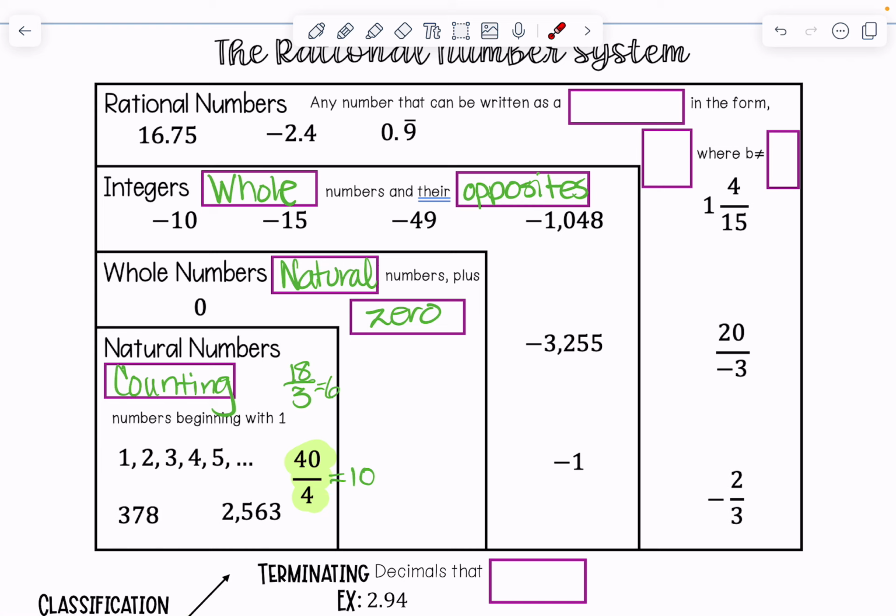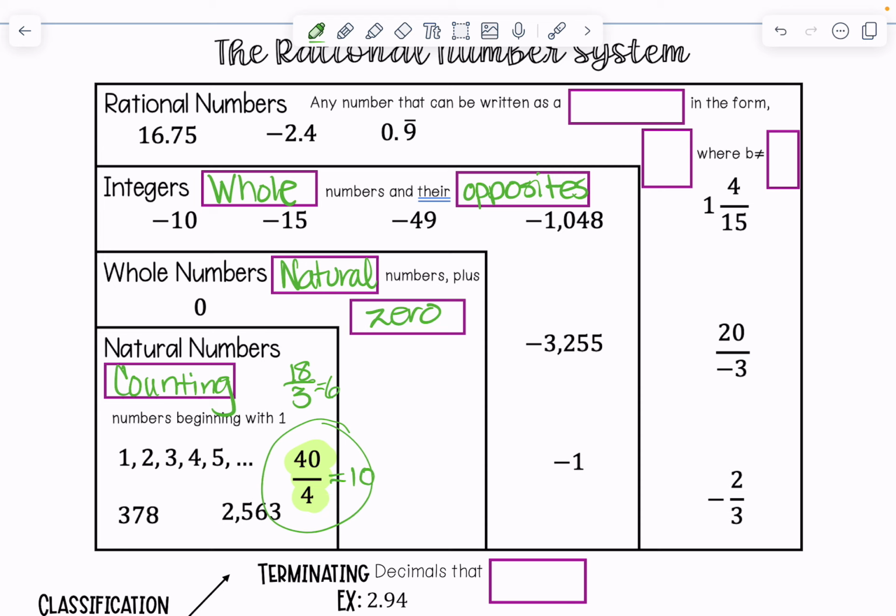Positive 49, the opposite of that would be negative 49, and so these are going to be your integers. So these are going to be some negatives and positives along a number line with no fractions or decimals yet, with the exception of fractions that could be simplified down to a natural number or an integer.